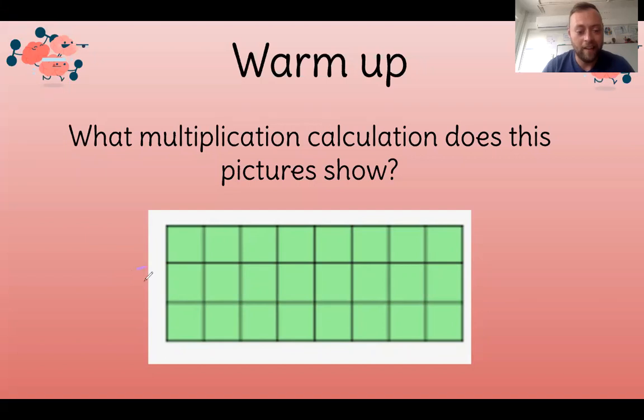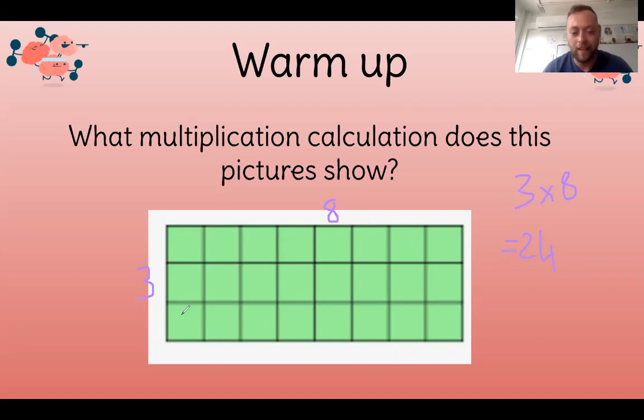So here it showed 3, 2, 4, 6, 8, which means the calculation was 3 times 8. The last thing you need to do is work out the product, and the product is the answer. Okay, so you can count the squares here and you will know your answer was 24.